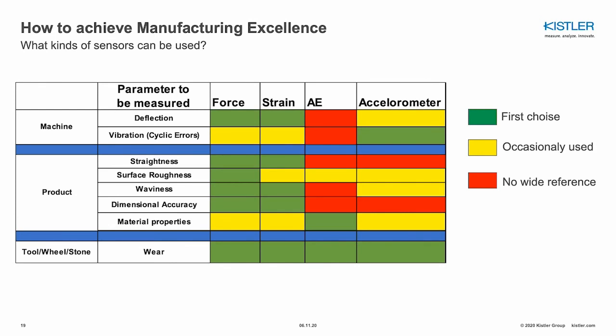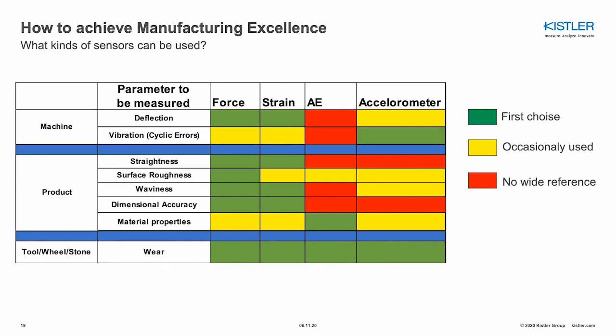And then some product quality parameters such as straightness, surface roughness, waviness, dimensional accuracy, material properties, they're all correlated to certain measurements and signals. For instance, straightness correlated to the deflection and stiffness, and that can be measured with the force and strain, especially the static one. The material properties with acoustic emission, there are references where you can capture the microstructural changes through the batch with acoustic emission during machining.